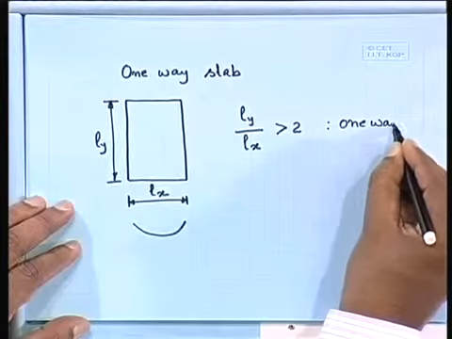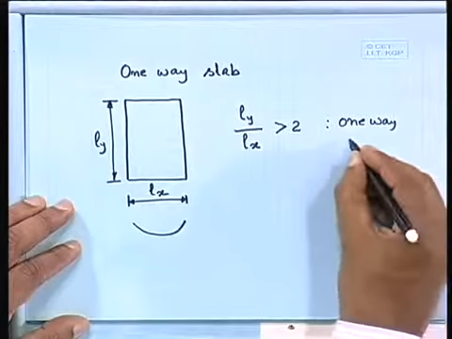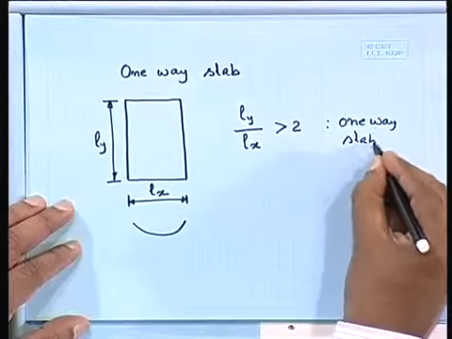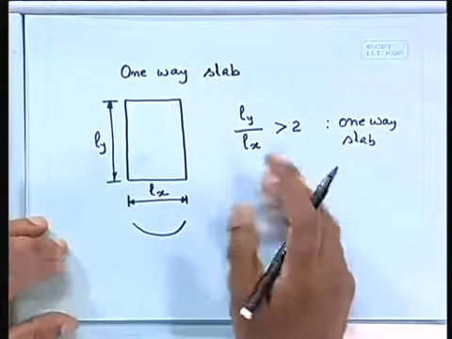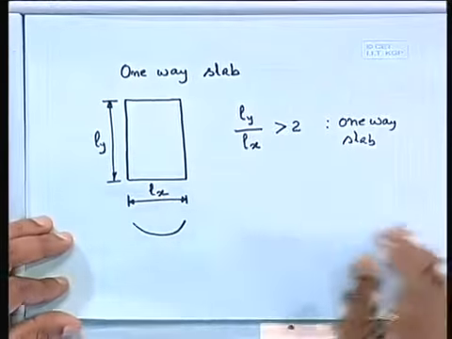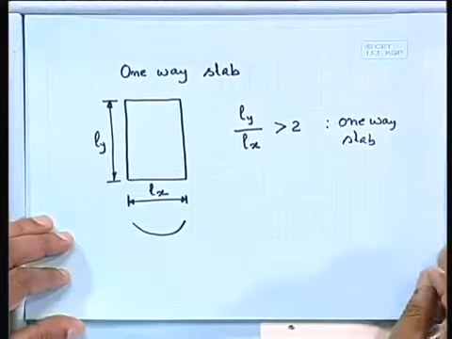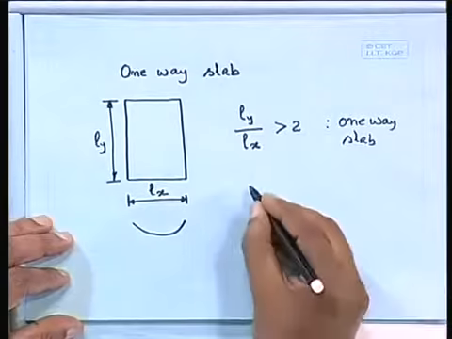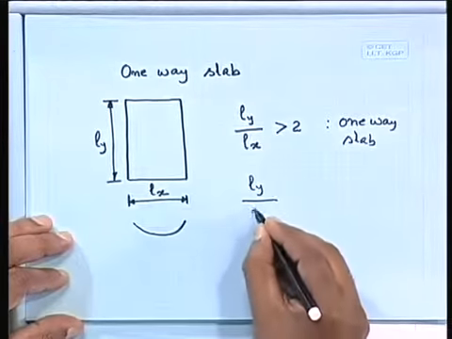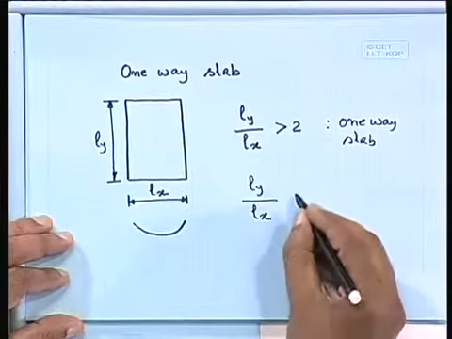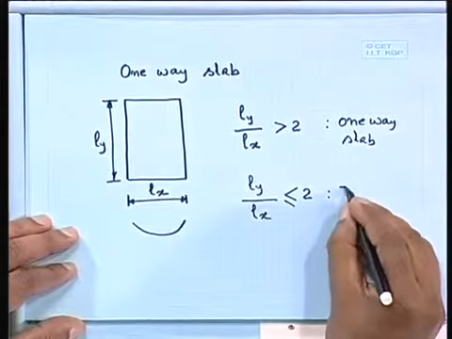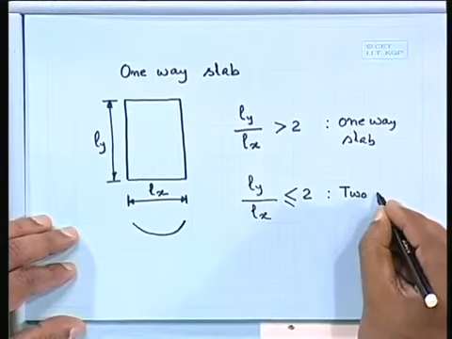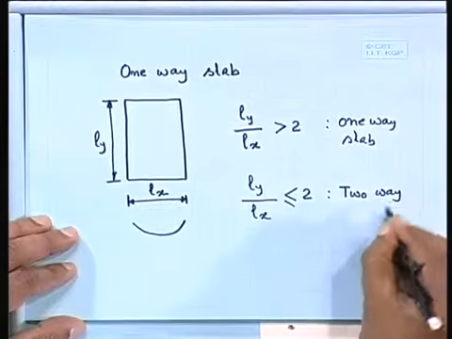So the more load will be taken in the shorter direction, and we can design only for the bending in the shorter direction, and that is what we have done in the last two classes. Now today we shall do the other one, that is the two-way slab, where Ly by Lx is less than or equal to 2, and that is called two-way slabs.